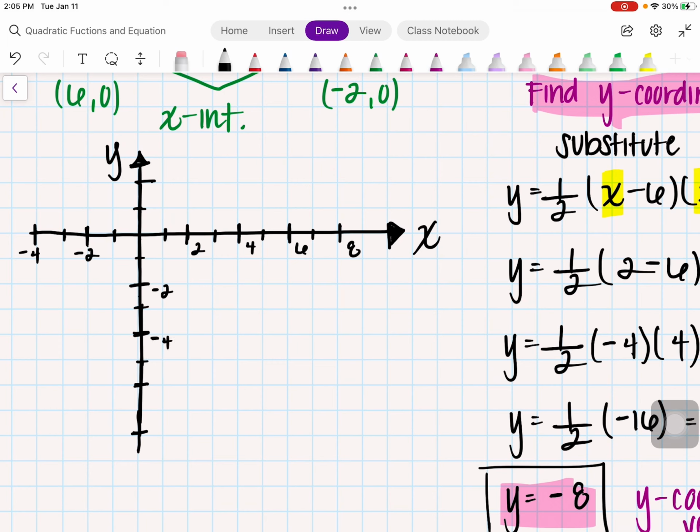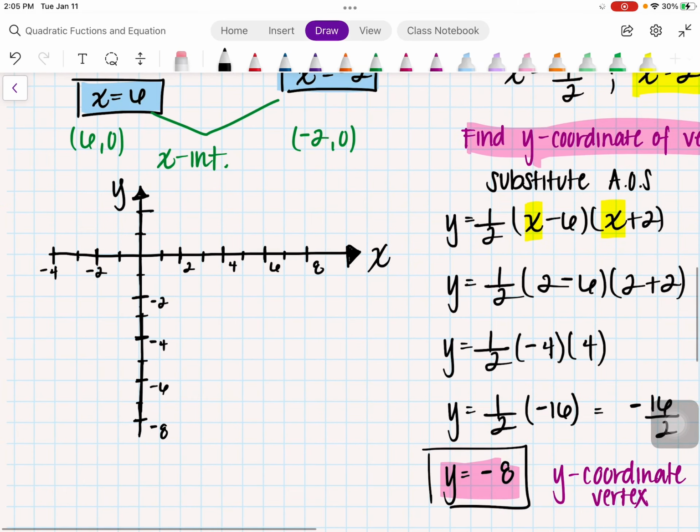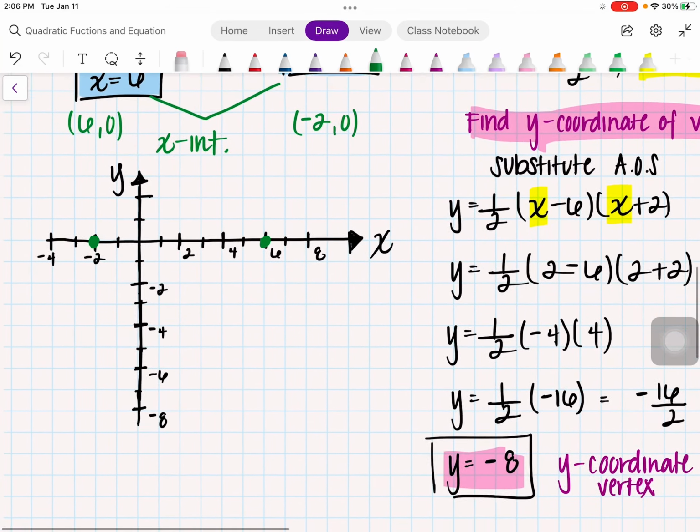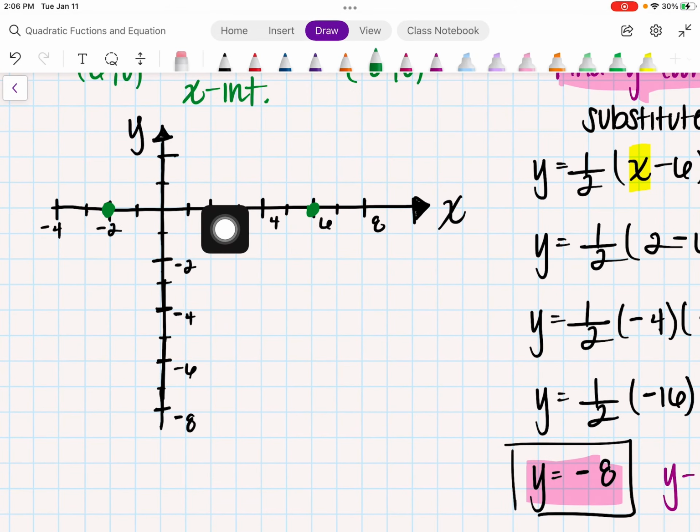-2, -4, -6, and -8. All right, so first off, guys, I will be plotting my x-intercepts, which are 6, 0 and -2, 0. So I'll do those in green. So -2, 0 is here. So that's there. 6, 0 is there. And our vertex is the point 2, -8.